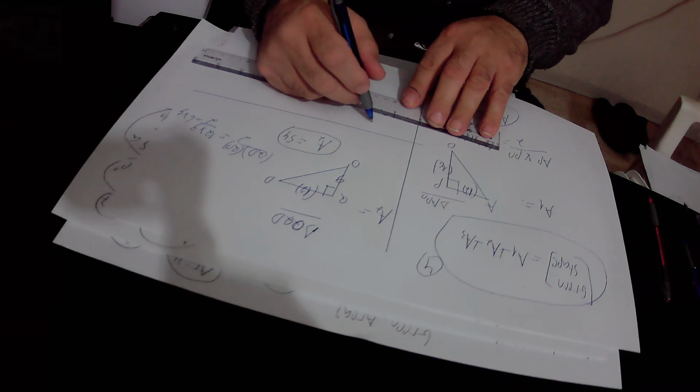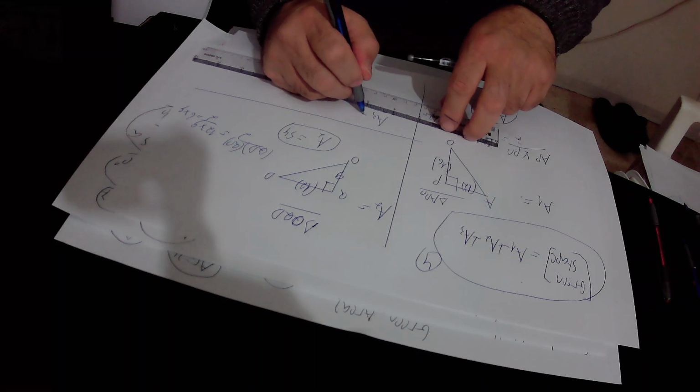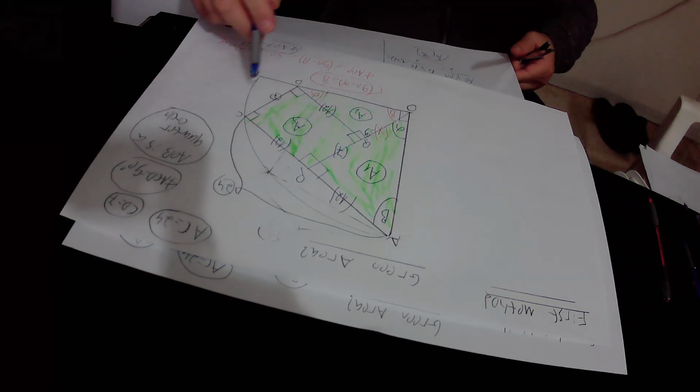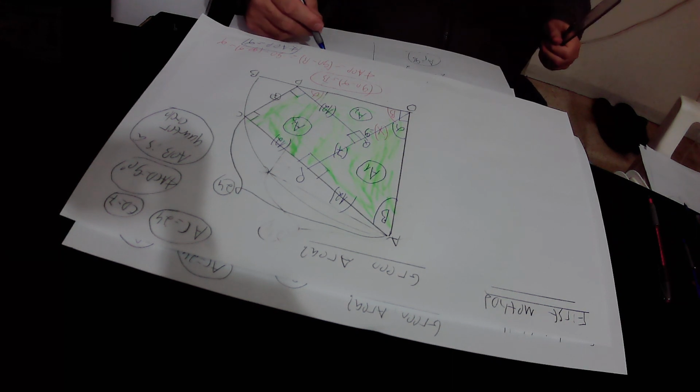And finally we find out the area of A3, that is actually the area of this rectangle QPCD. The area of a rectangle equals the length of the rectangle times the width.